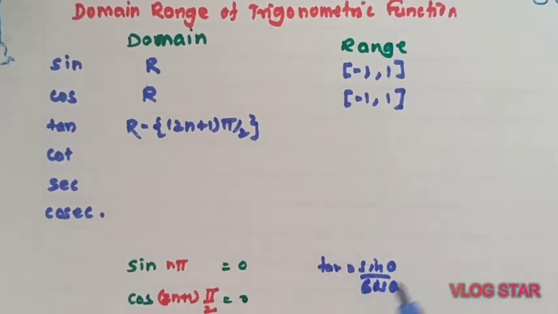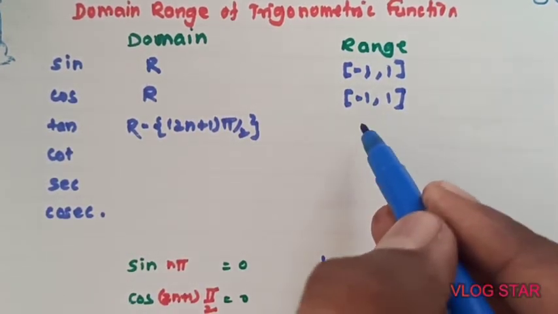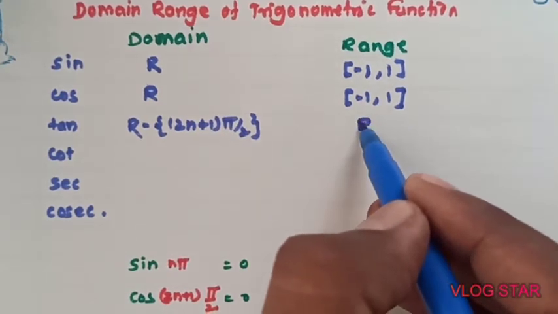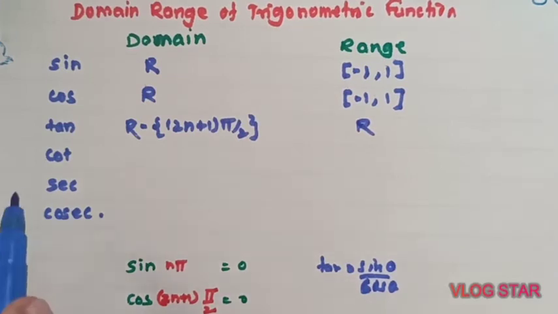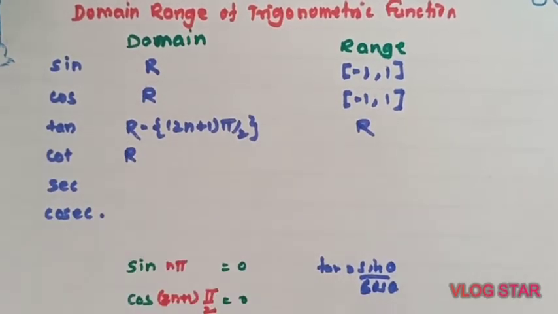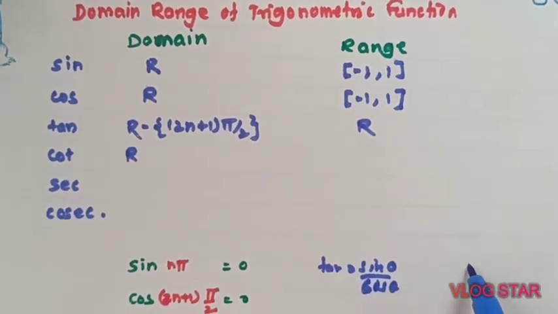What is the range? There is no restriction for the range. Afterward we will discuss the graph of each of the functions. So the entire R comes in the range. What about cot? You know cot is actually cos by sine, isn't it?